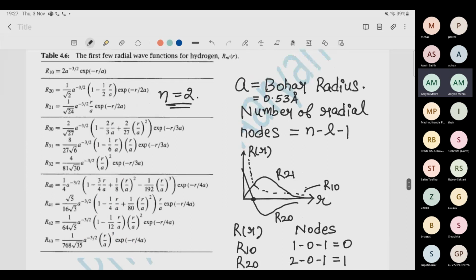Now let's see the function. It is quite difficult to see just from the function whether it is so or not. But I would recommend that you take the total solution, both the radial part and the spherical harmonic part, and then find the probability density.